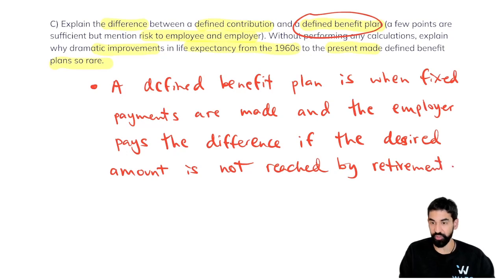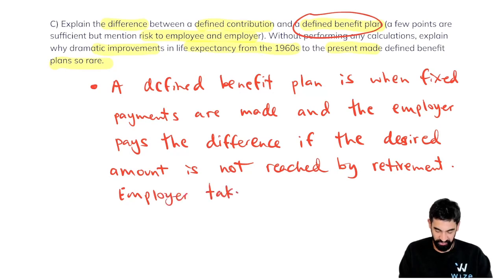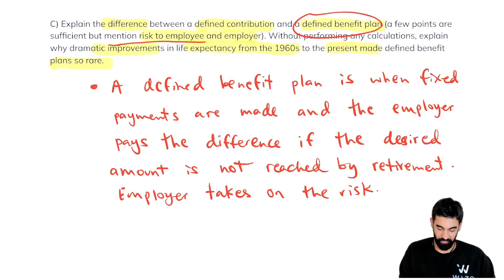The 361,000. If that's not reached, the employer takes on the risk, because they said to mention the risk to employee and employer, so the employer takes on the risk. That'll get you 1 mark.